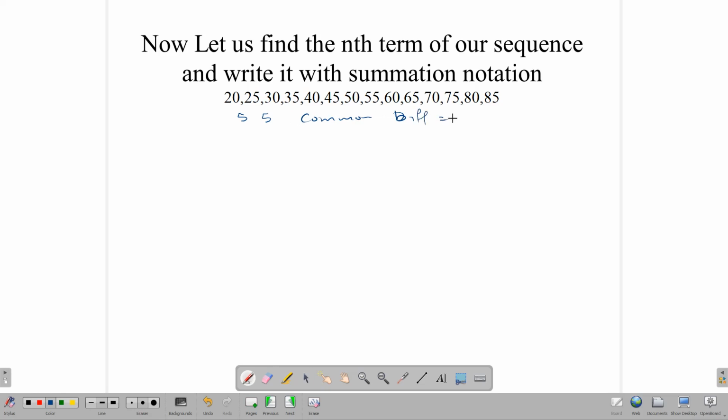And we can use the formula a_n equal to a plus (n minus 1)d to write down the nth term of our sequence. So here we have... sorry, not 5, 20. 20 is our first term, so 20 plus 5 times (n minus 1), according to the formula that we have here.